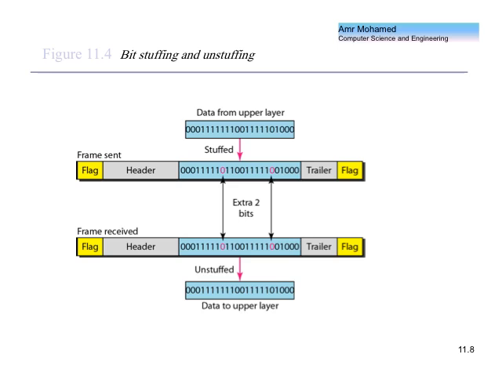So if I do that, then I will never have the flag pattern inside the data. This will never happen. So once I have the flag, I can stop with a high level of confidence. And what the receiver will do is that once it finds 5 ones and then 0 after that, it will remove the 0 and continue, and so on, until it finds 6 ones and then 0, then it stops.